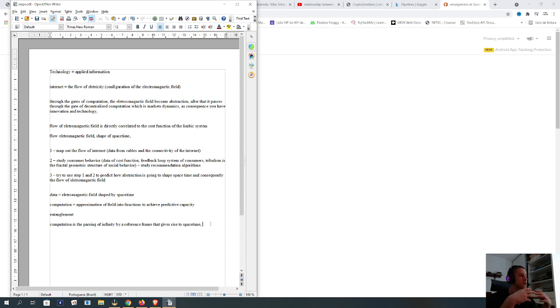You have infinite potential, then you have the filtering of that infinity through the lens of the experience of reference frame. That becomes the true computation becomes an electromagnetic field, which is the experience of the observer.